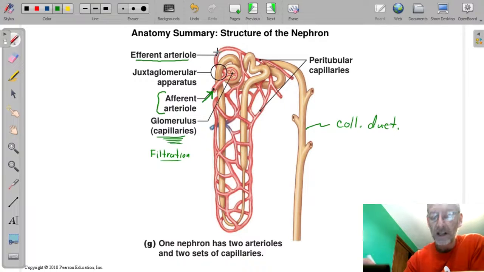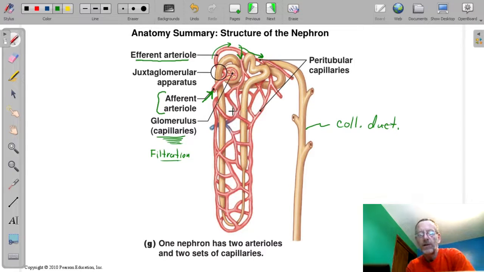And we said in an earlier slide that that efferent arteriole then goes out and branches and supplies the peritubular capillaries. And these are the capillaries that you can see that are just wrapped around this nephron. Because keep in mind, what we're doing is we're filtering the blood.